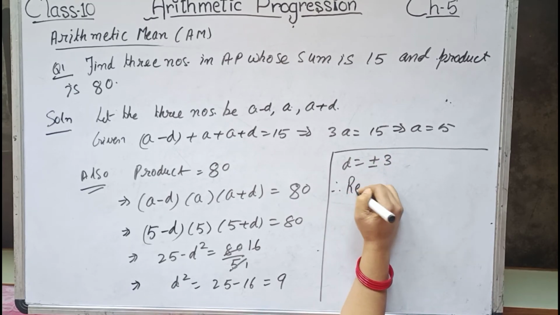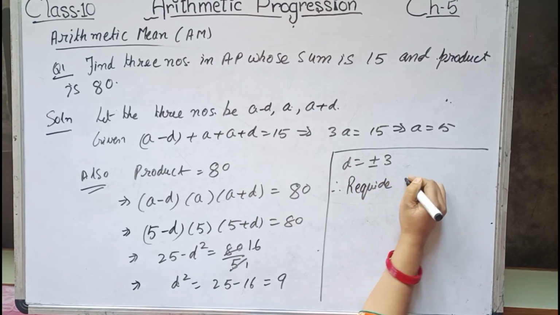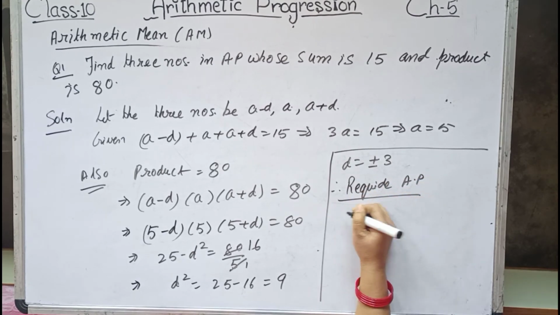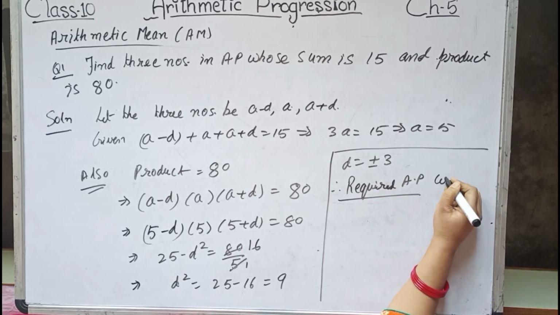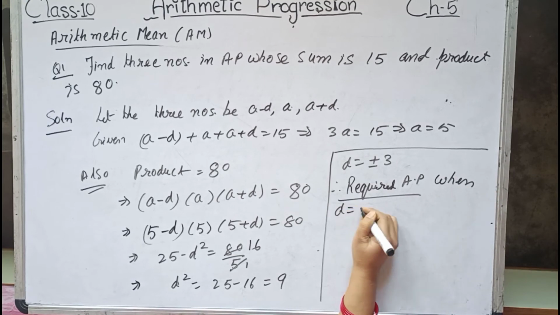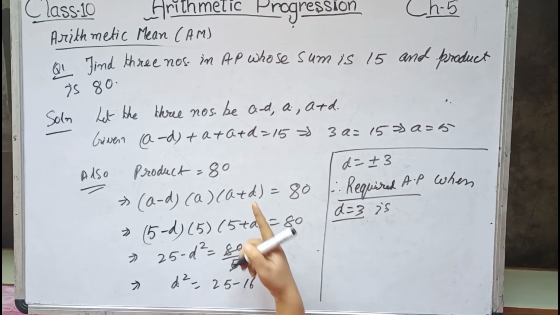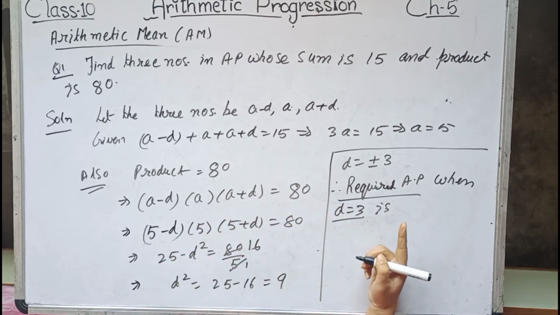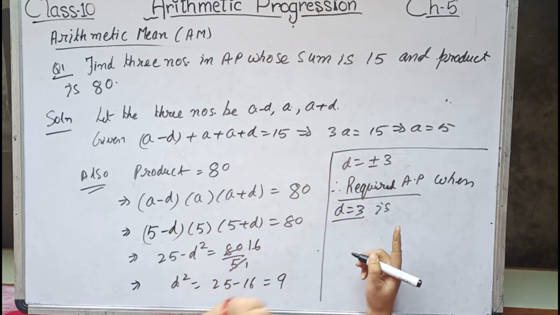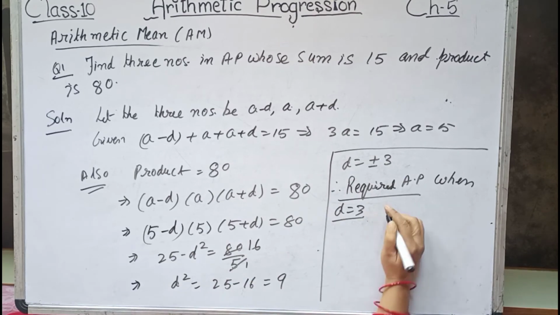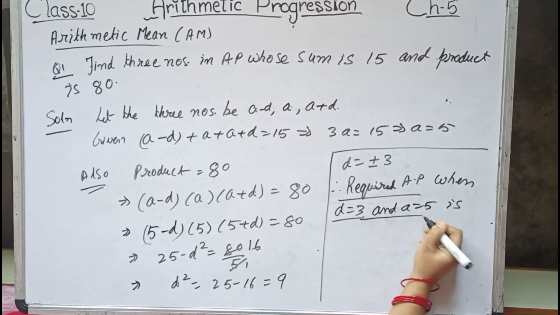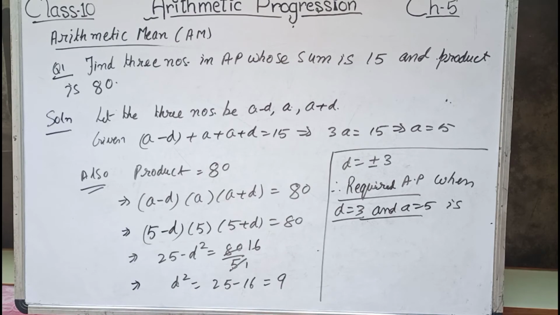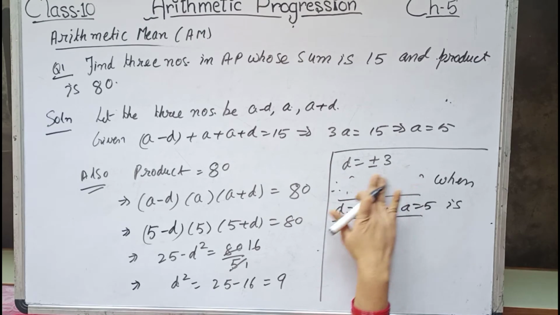Therefore required AP, when D equals 3, is A minus D, A and A plus D. So taking A value as 5 and D value as 3, I don't have to find the AP, I have to find the required numbers.